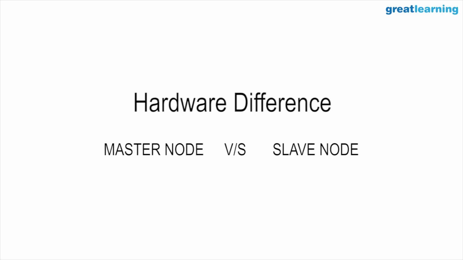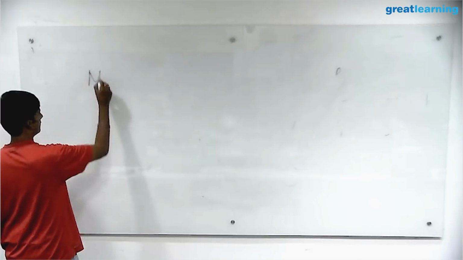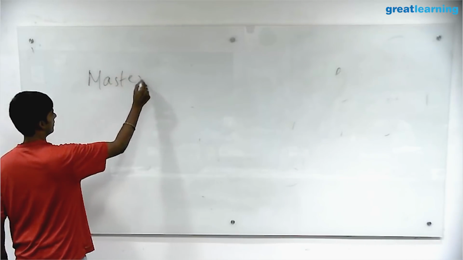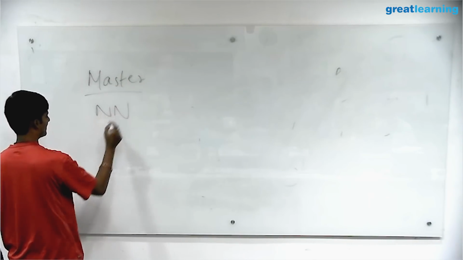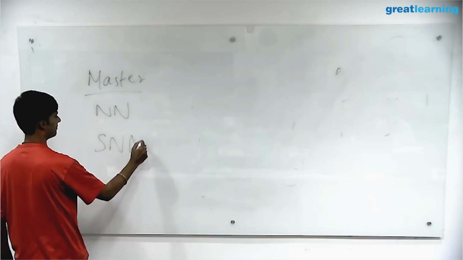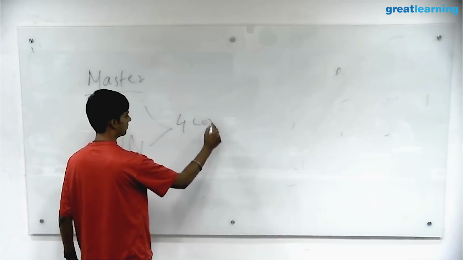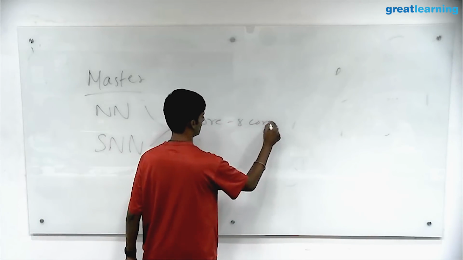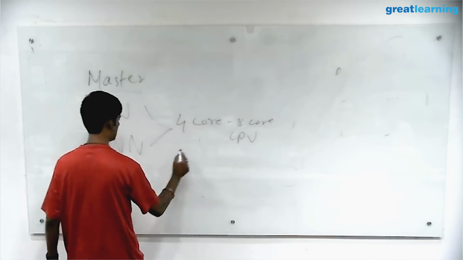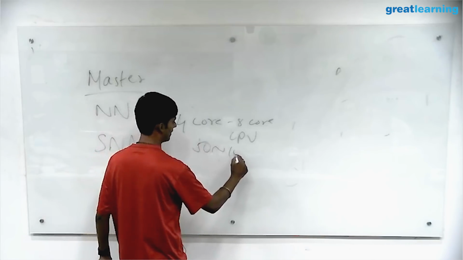So the hardware difference between the name node and the data node is this: you have your master node, that is your name node and secondary name node. Both of them will have the same configuration. They can probably have anywhere between 4 core to 8 core CPU, anywhere between 50 to 100 GB RAM.